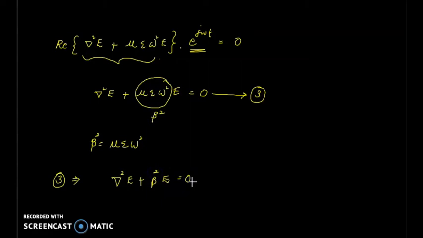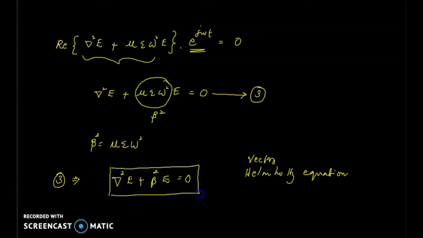This is the wave equation for a lossless medium in phasor form, and it is called the Helmholtz equation. So the wave equation of the electromagnetic field in phasor form is the vector Helmholtz equation.